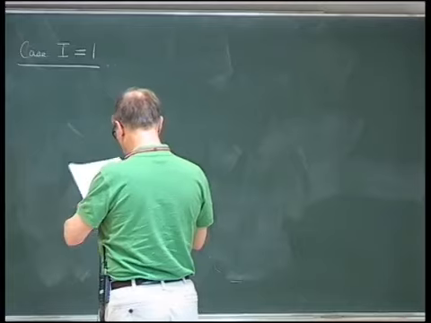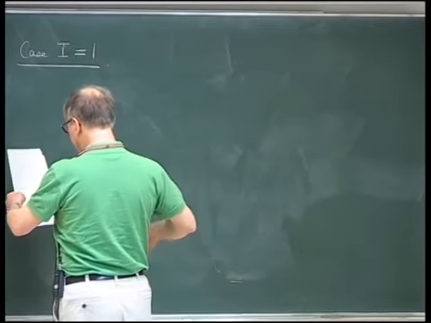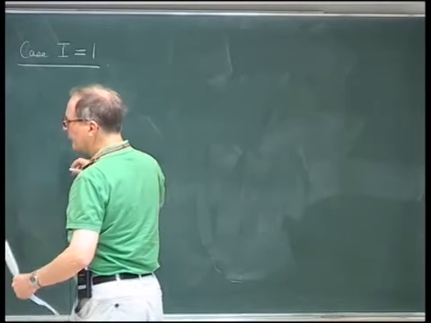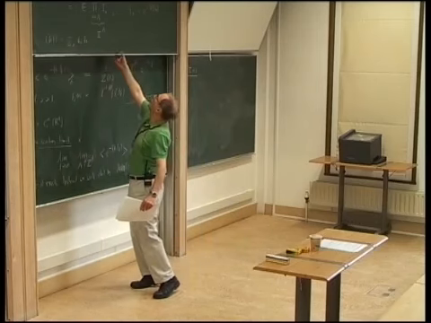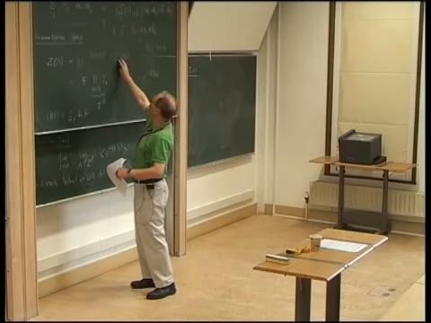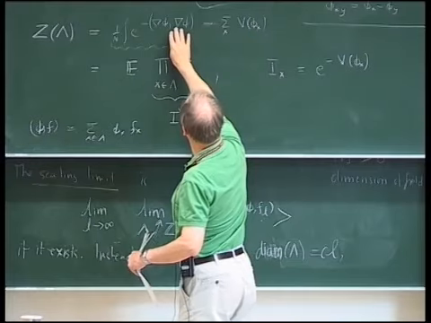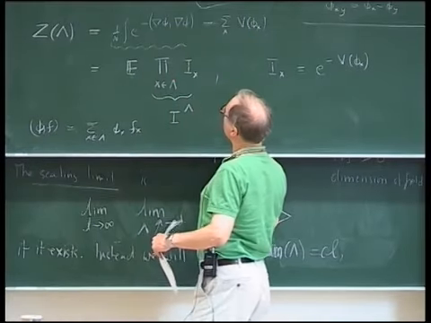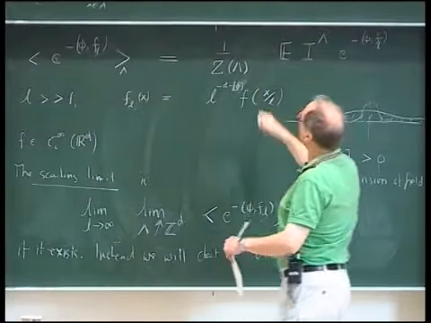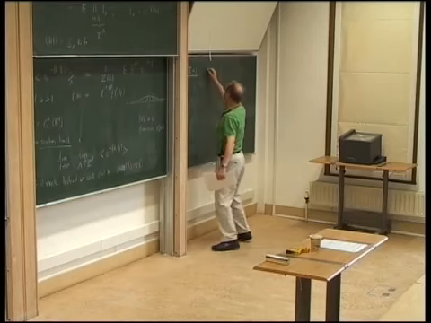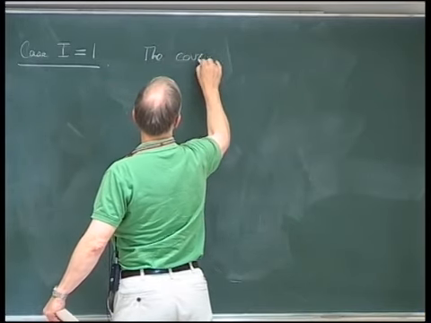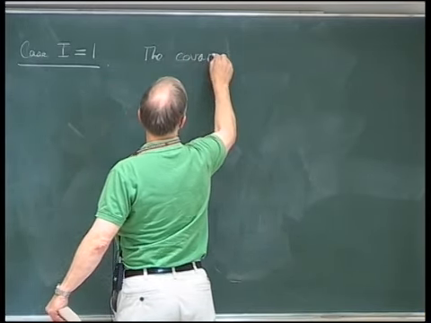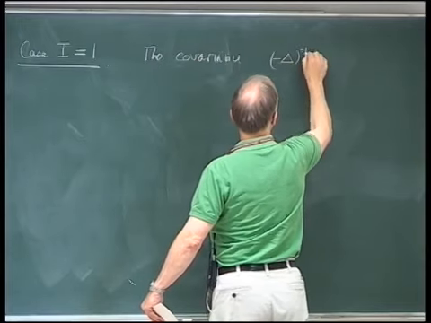Okay, this term is dropped out. We have only a Gaussian expectation with this, and the covariance for that. So the covariance is minus Laplacian inverse.